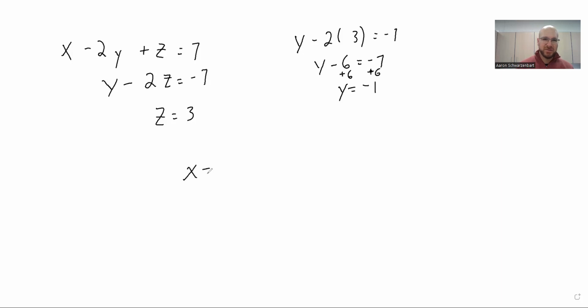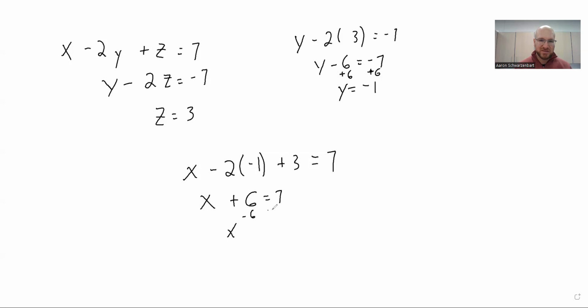Now I will take my first equation and plug it in. I'm not thinking this morning. I'm going to plug in my y and my z. Actually, let's combine like terms on the left side first. So this is +3 plus 3 is +6.